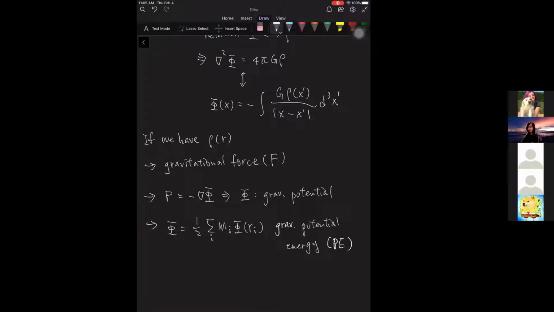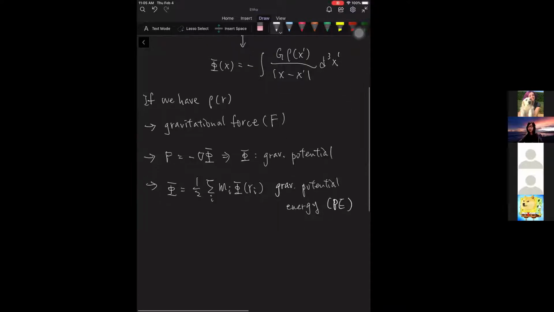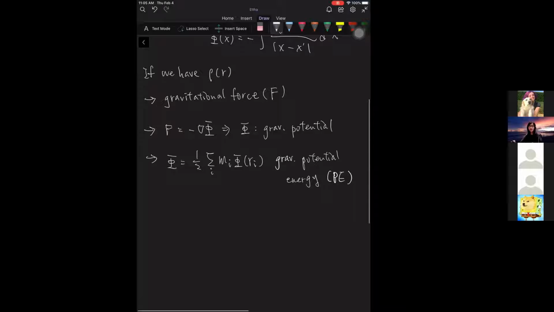All right, so today I will show you this whole process using the most simple density distribution, a uniform density sphere. In the homework problem, you'll need to do this with a slightly more complicated density distribution, but the whole concept is the same.